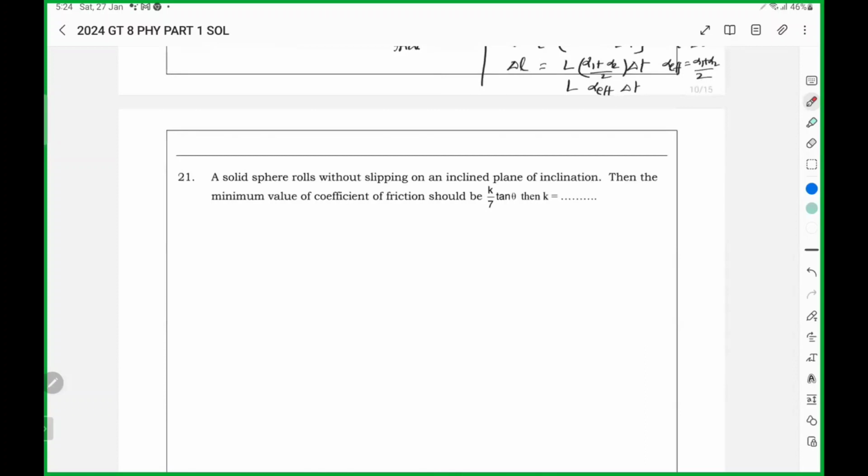Here, a solid sphere rolls without slipping. Without slipping means minimum friction must be there, otherwise pure sliding occurs. For rolling, minimum friction is there. That minimum friction is tan theta by (1 plus r square by k square). All of you must remember, everywhere generally k square by r square, but while calculating friction we write r square by k square.